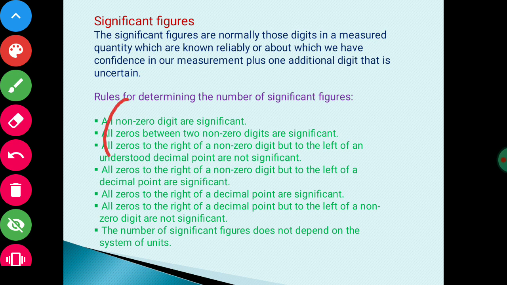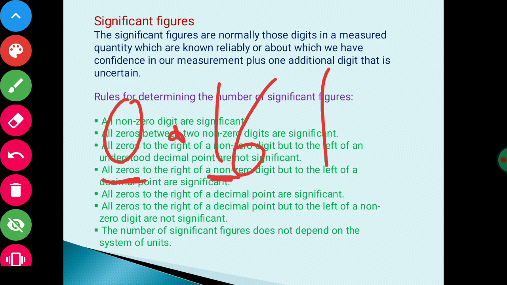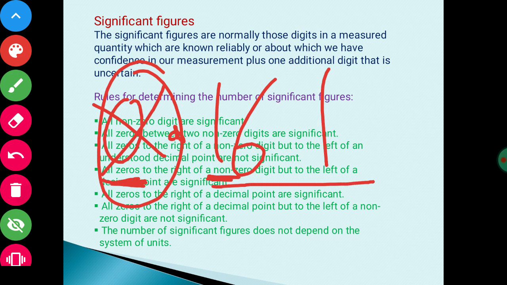For example, 0.161. See, this zero lies to the left of a non-zero digit. There is a non-zero digit and it lies to the right of that zero, so it is not counted as a significant figure. And the significant figures here are 3.